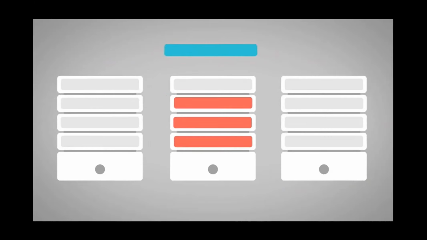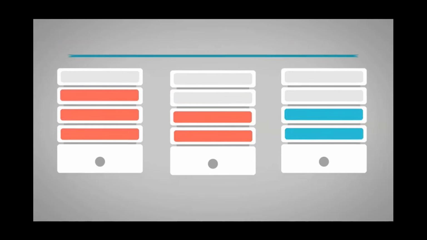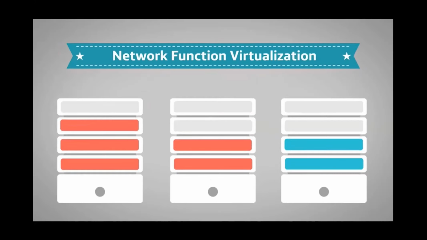As functionalities reside exclusively in software, it is possible to package each network function in one or more virtual machines and to decide where to execute them. This is what's known as Network Function Virtualization, or NFV.